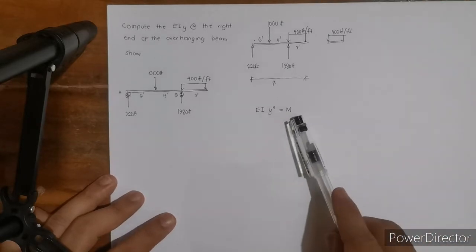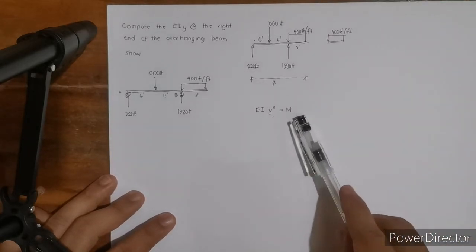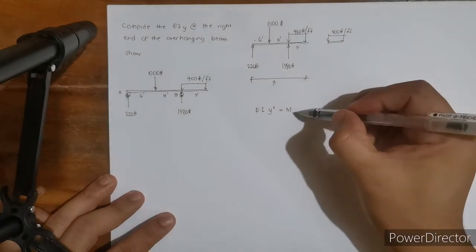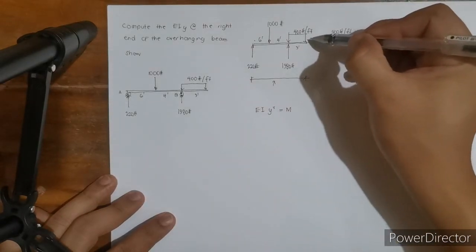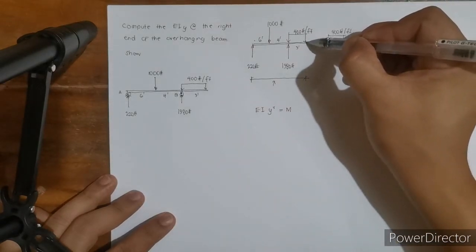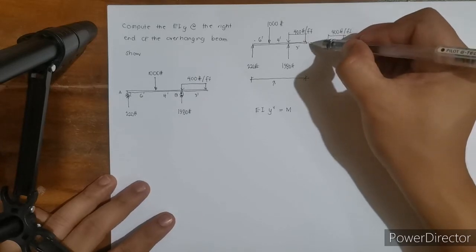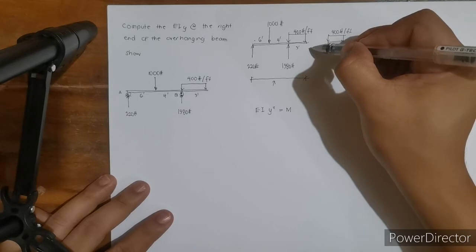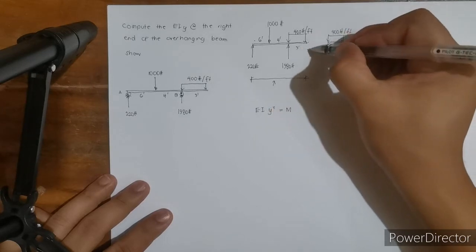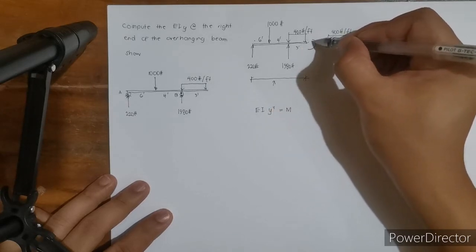So, para ma-compute natin yun, compute first the moment. So, yung moment na yun, paano makukuha? Since hinati natin mismo yung beam natin sa part na to. Pag hinahati mismo yung mga structural part, meron tayong lumalabas na forces doon. So, since moment yung kukulin natin, analyze natin yung nasa moment.